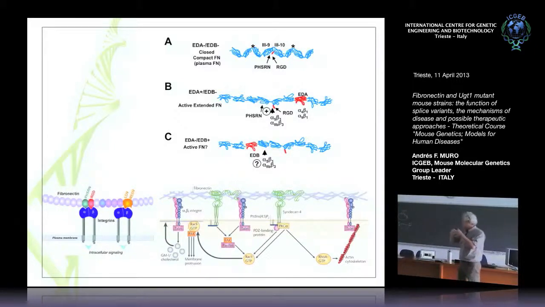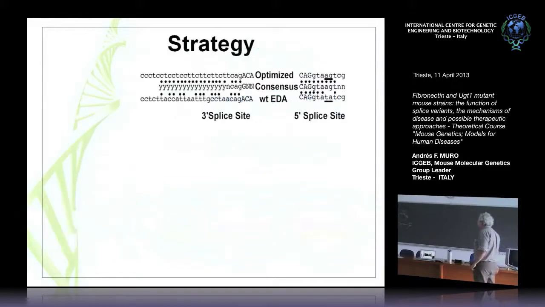They are hidden by the structure of the protein, a kind of barrier. When you include the EDA, the protein gets extended and more active, this domain can be reached by the integrins, and the integrins then have a cascade that activates cellular processes. So, what was the strategy to do so?